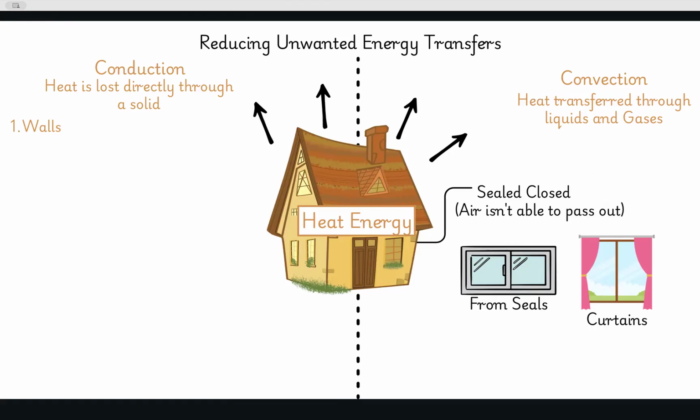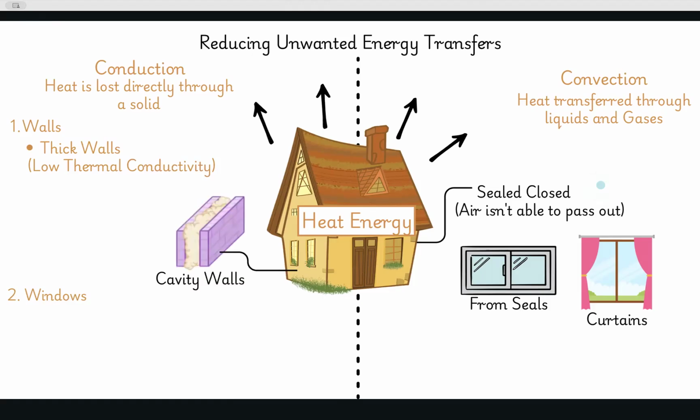So first of all, through the walls, how can energy loss be reduced through the thick wall? So one of the ways is through cavity wall insulation. So this is when you blow an insulating material into the gap between the brick and the inside wall, which reduces the loss by air circulating inside the cavity, and it reduces loss by convection through the cavity as well.